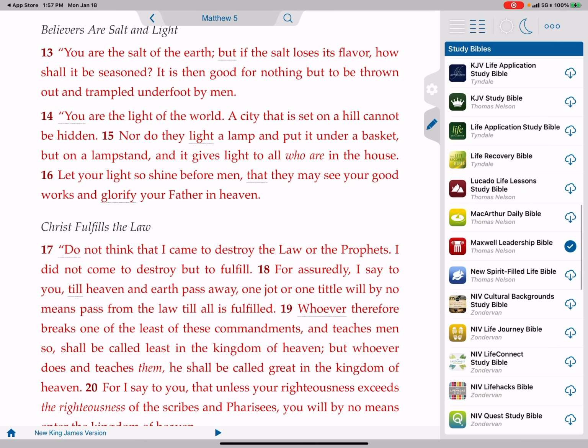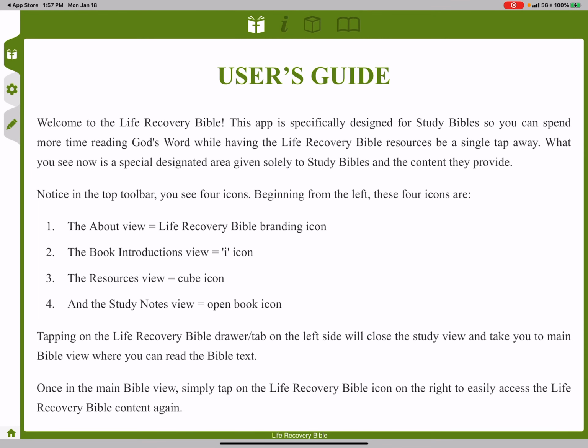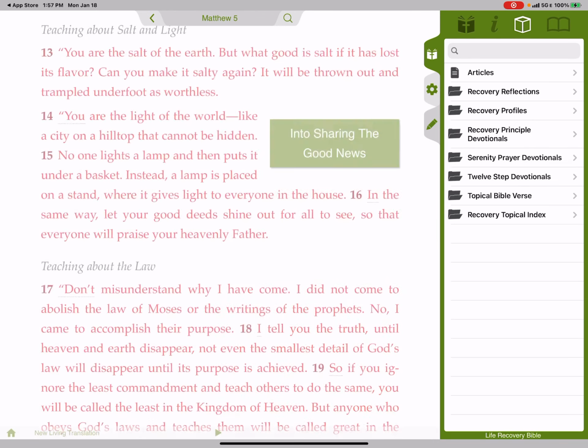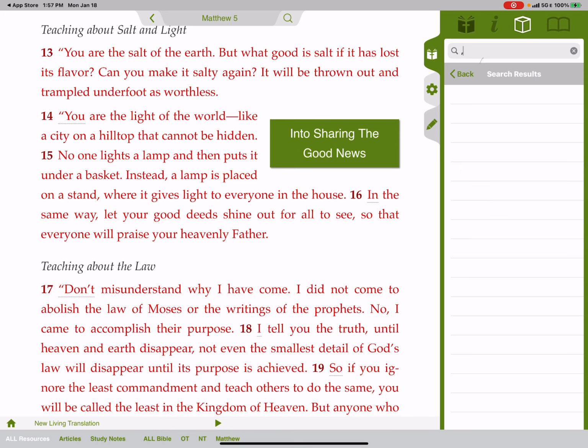Let's go back to our resources. That was our Maxwell Leadership Study Bible. I like the Life Recovery Study Bible also. And in the Life Recovery Study Bible, you're going to have a 12-step type library of resources.